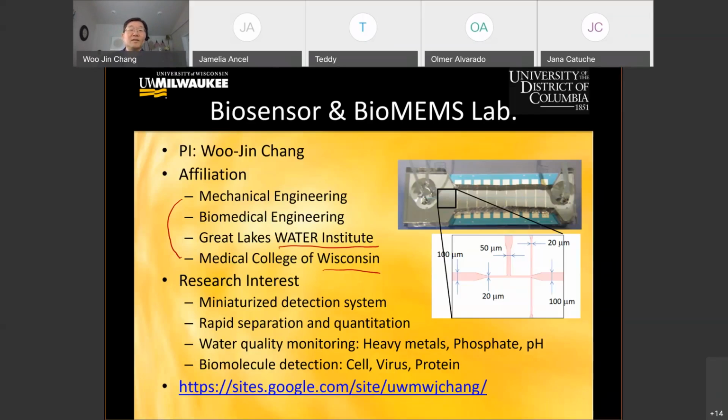My lab is named Biosensor and BioMEMS Lab, and MEMS indicates mechanical and electrical systems. So you can see the bio as well as other research areas from the name itself.